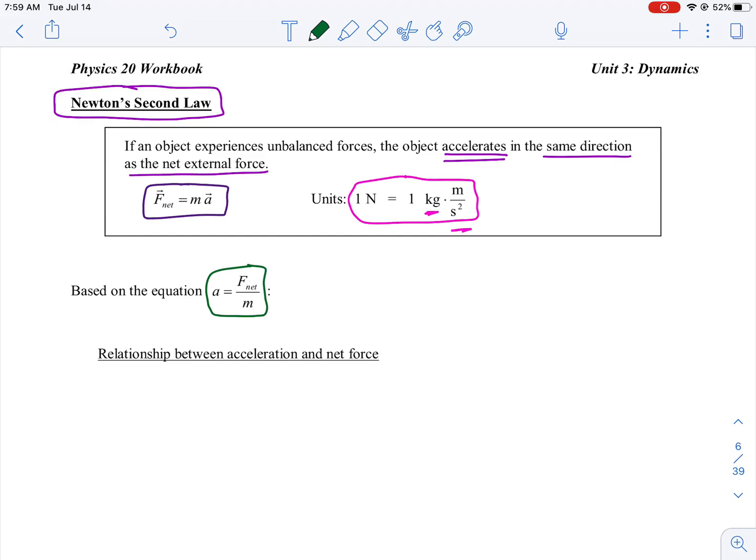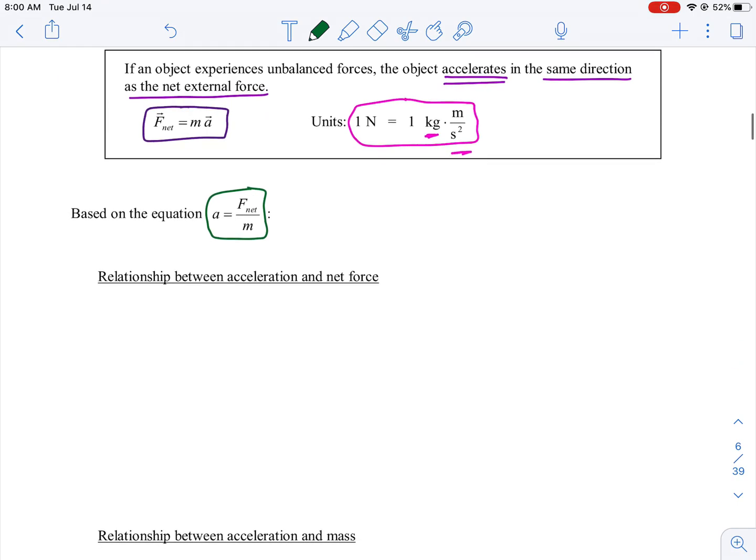The first one is between acceleration and net force. And if you'll notice, if those are my two variables, then the relationship will be acceleration is proportional to F net. And this, by the way, is assuming m stays constant.